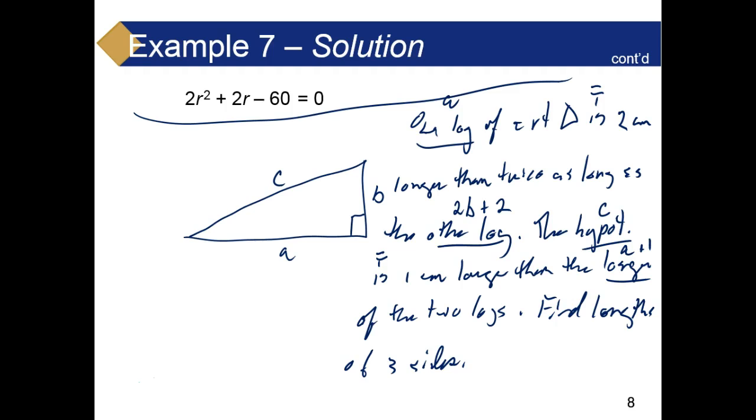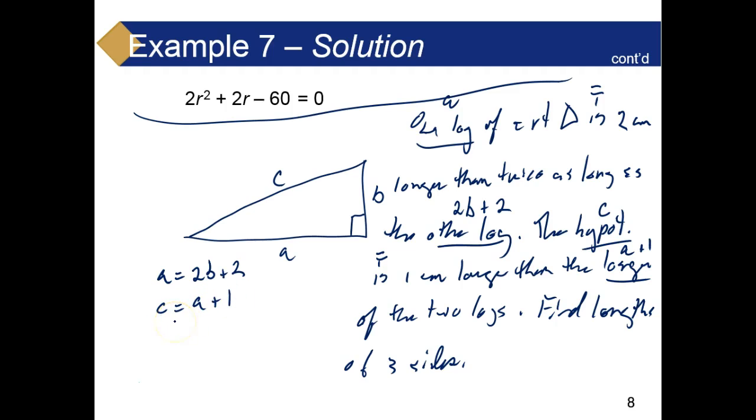Let me write down our three equations here. A is equal to 2B plus 2. C is equal to A plus 1.